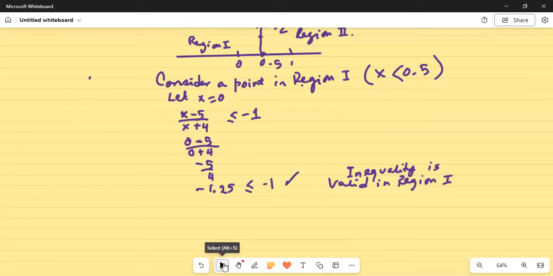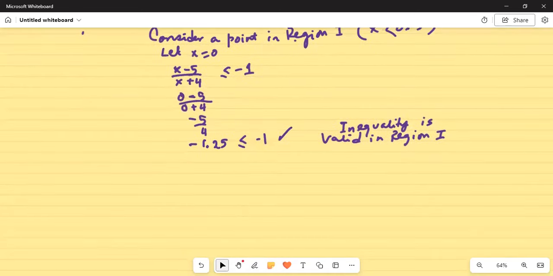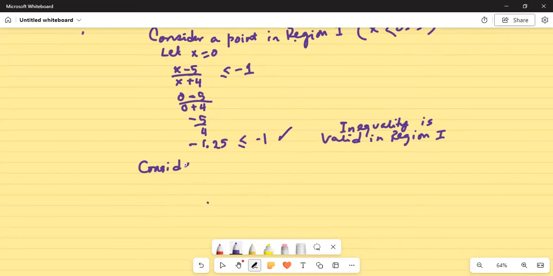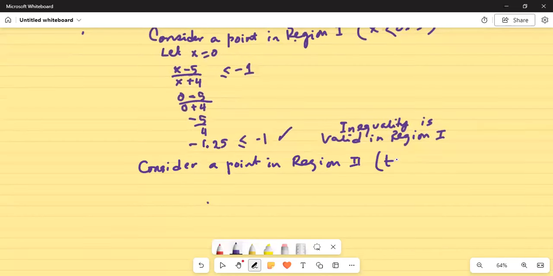Now let's consider a point in region 2, where x is greater than 0.5.